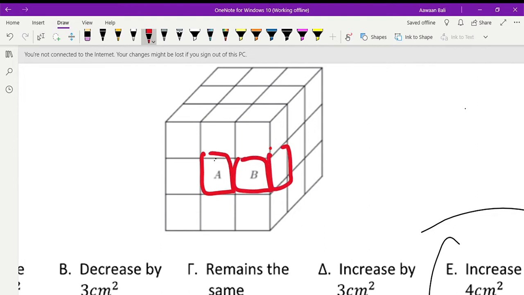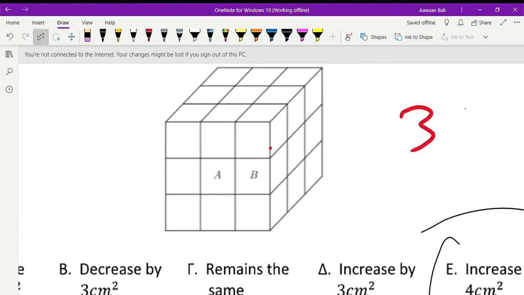So there were 3 sides before, so we'll keep that in mind. Now, there'll be one side here, here, here, here, and one here. There'll be 2 sides at the top.